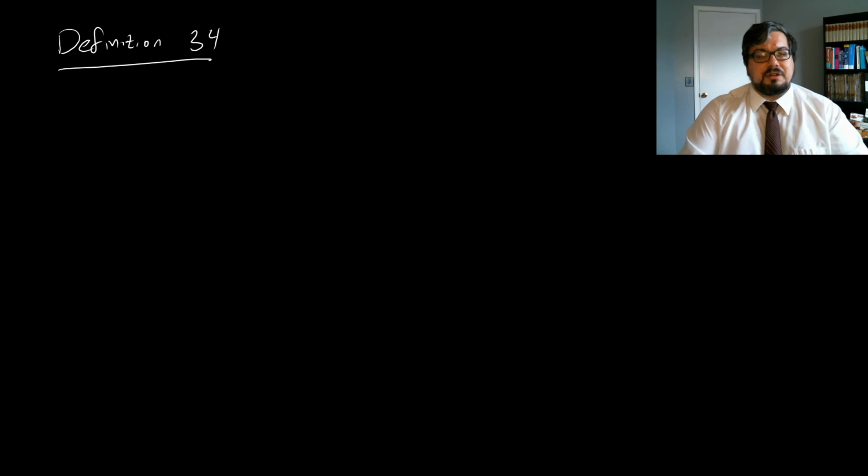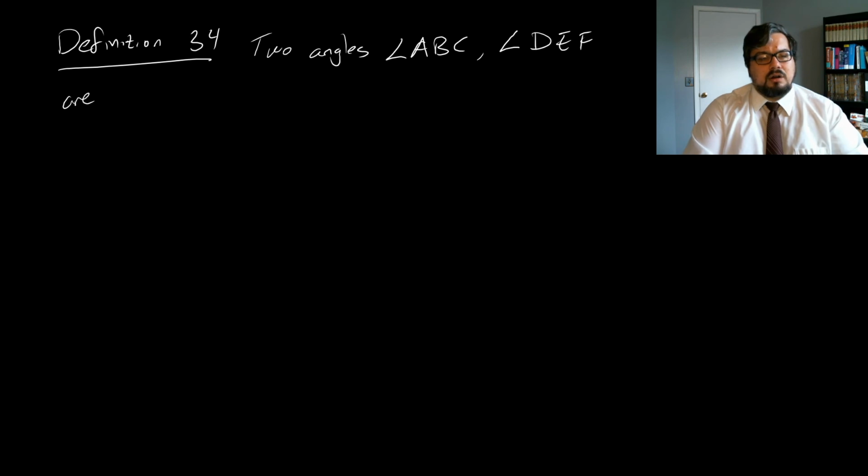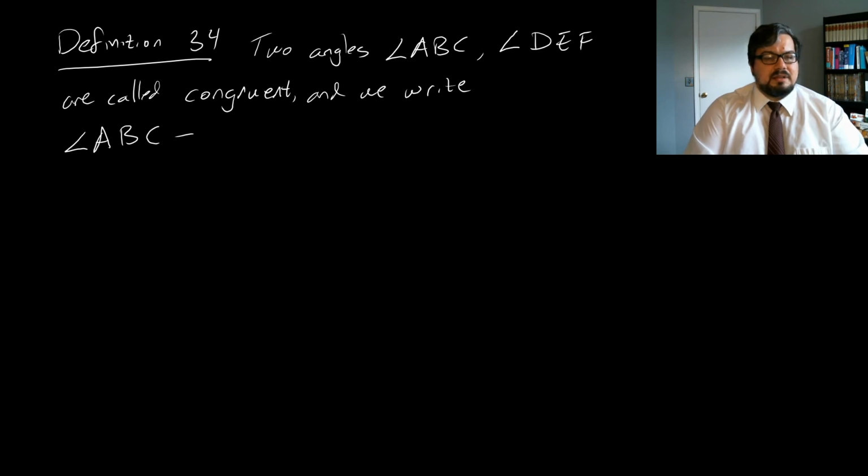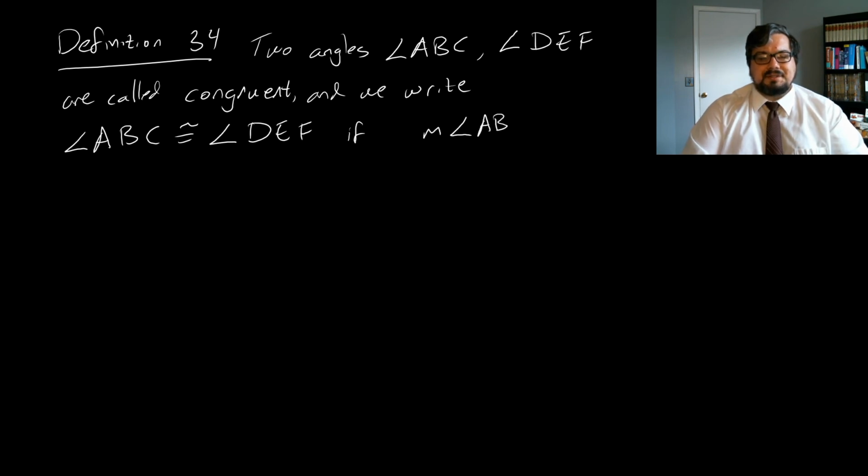So definition 34 says that two angles, angle ABC and angle DEF, are called congruent, and we write that angle ABC is congruent to angle DEF if the measure of angle ABC is equal to the measure of angle DEF.